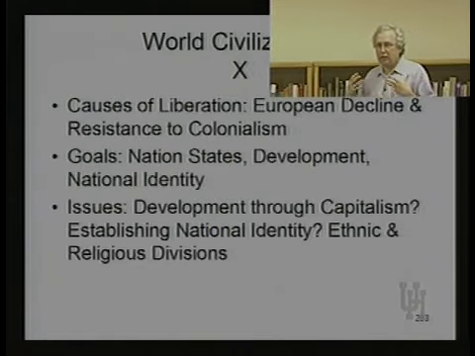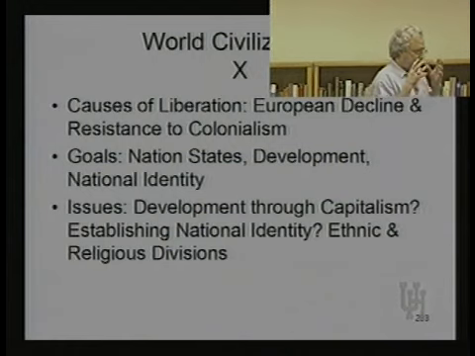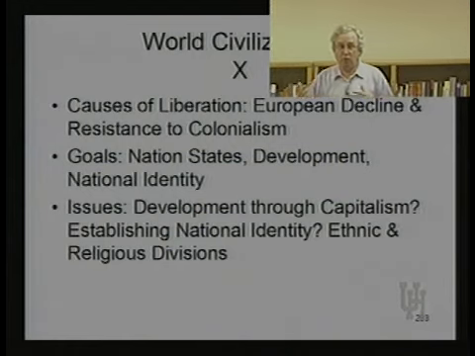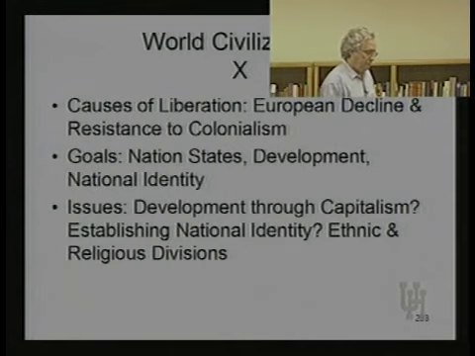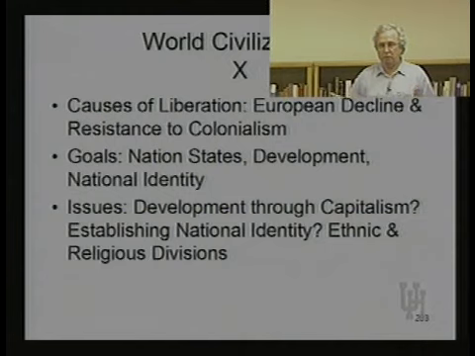When we look at national liberation as a whole, the end of the colonial order, there are really two major aspects of this. One is the decline of Europe as a result of two world wars and the Great Depression.